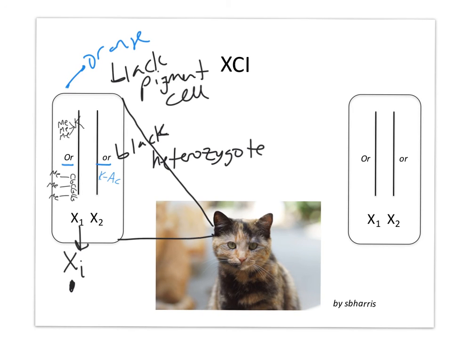And the opposite pattern would be true if you want to do this for practice. What does a cell that's producing orange pigment look like? Which X chromosome gets turned off and which chemical modifications will occur on those two? You can do that on your own, but I'll tell you now it's the opposite pattern.